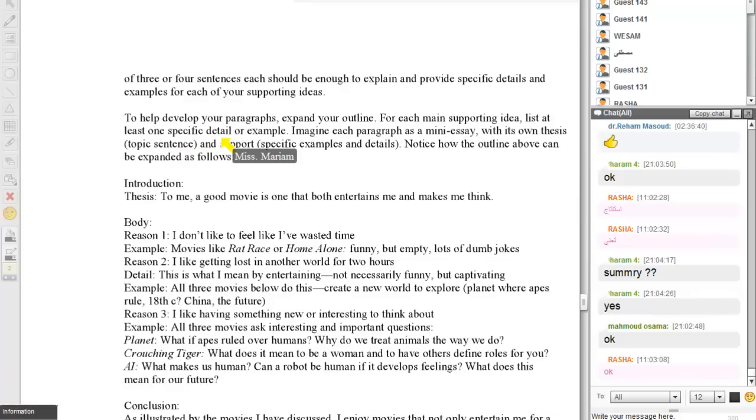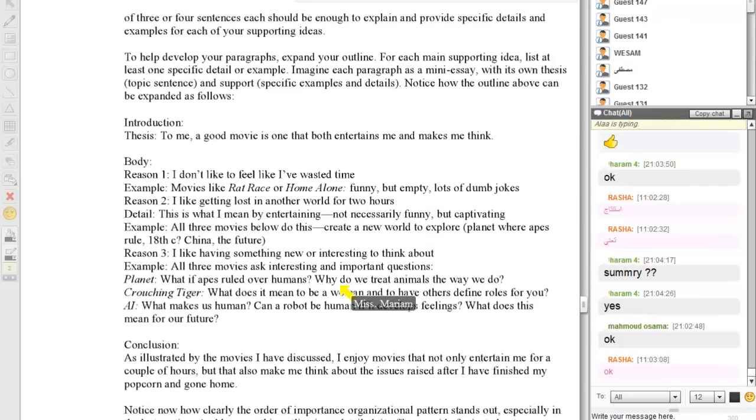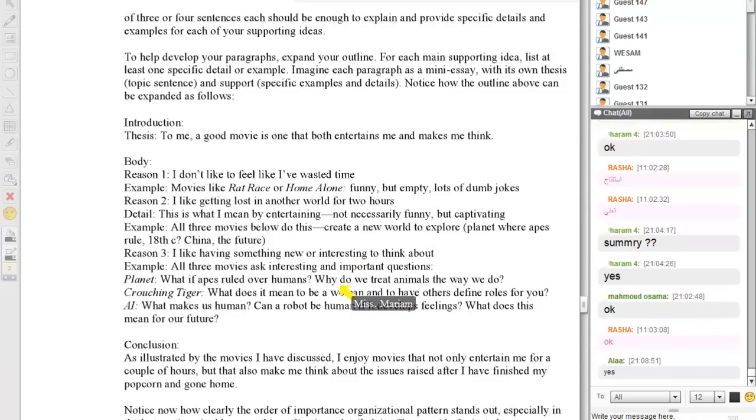The topic sentence here is: I don't like to waste my time. Specific example: Rat Race or Home Alone. So, is it clear? Okay.